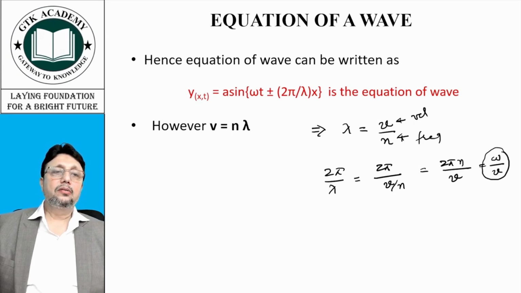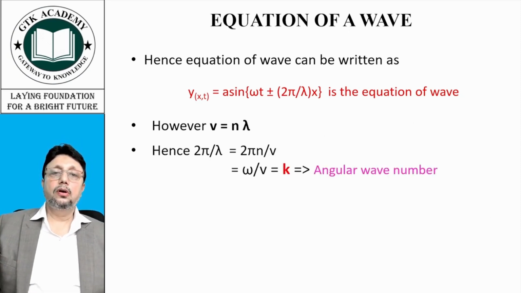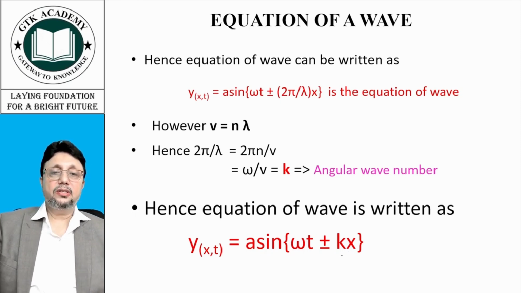This is called the angular wave number, and it is denoted by k, right? Then the equation assumes this form: y is equal to a sine omega t plus minus kx, which is the equation of wave.